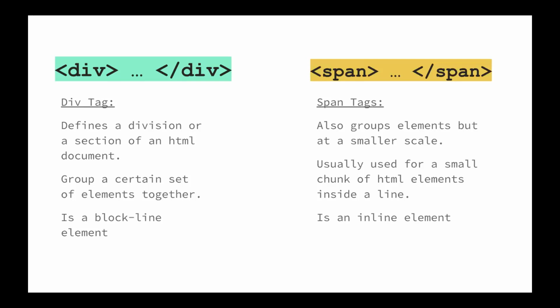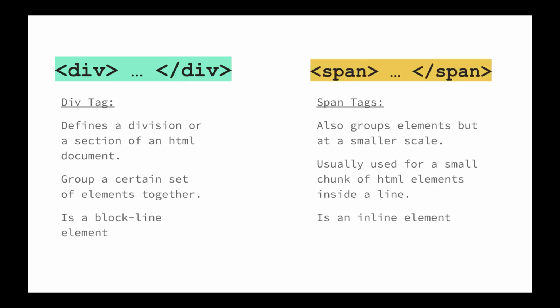Typically it's used for a small chunk of HTML elements inside of a line, in most cases for text, like H1s, paragraphs, tags, and such, whereas a div has a much wider range, which can hold a section of a web page.